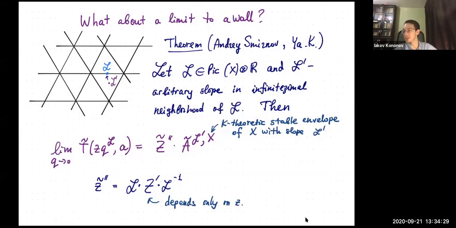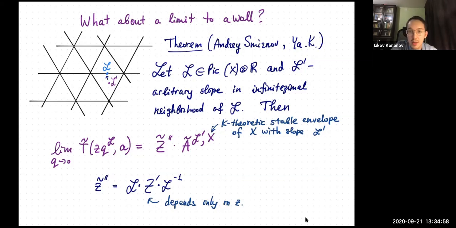And now let's discuss what happens when we consider a limit to a wall. So if we have some line bundle L, a real line bundle, which is not generic, but is on a wall, and L prime is an arbitrary line bundle in an infinitesimal neighborhood of L, then we can compare such limits to L and L prime.